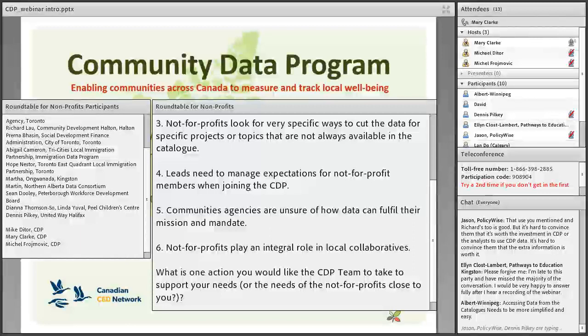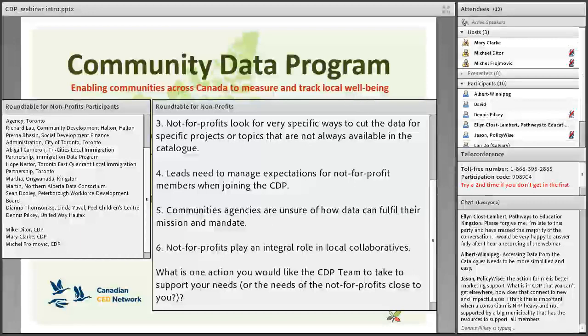Yeah, so as Jason's saying, it's hard to convince the organization of the investment in CDP. So this is still the marketing piece for Jason. That's a hard one. And certainly, Jason, maybe for you, the most useful thing would be to have a story from somebody like Ted in Halton about what's going on for them.